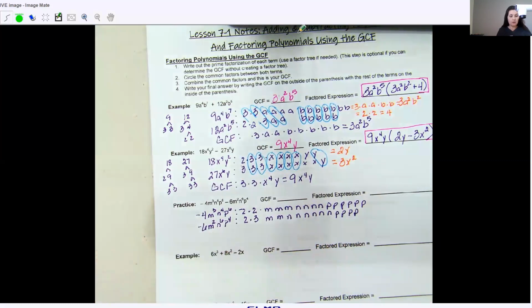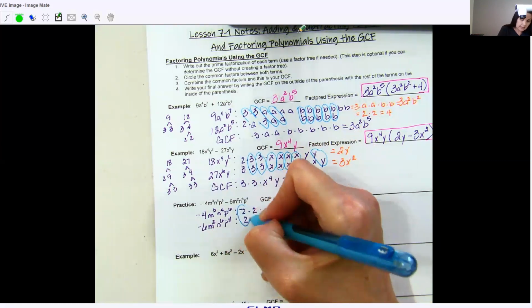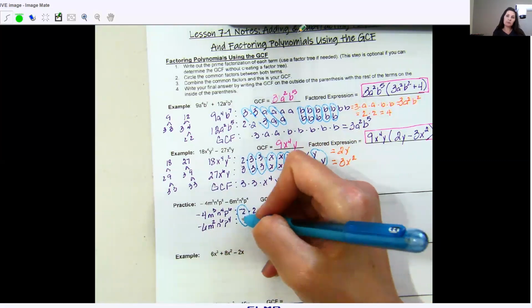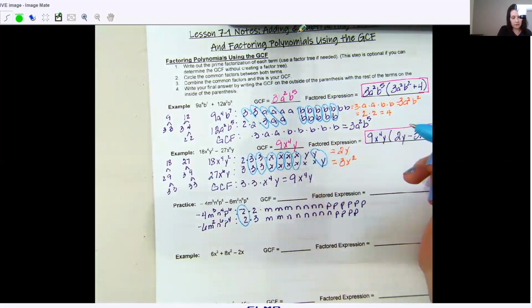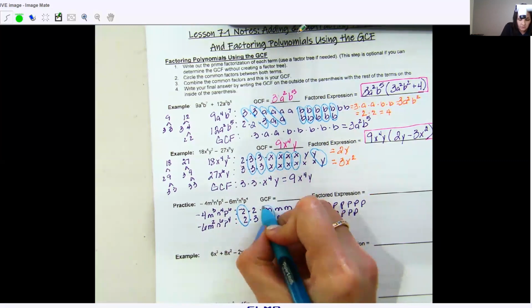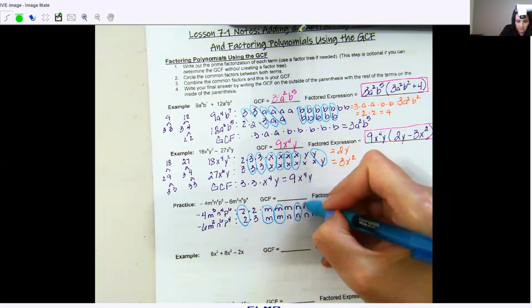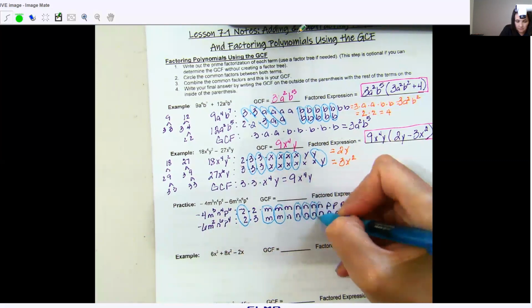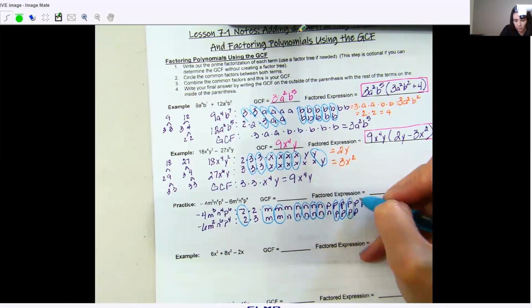Okay. So now I'm going to do step 2 and circle my common factors. So I'm going to circle these. Now, even though this one isn't negative, because I want to pull a negative out of that first term, I'm going to go ahead and circle that. And then I have 2 m's and 4 n's and 4 p's.